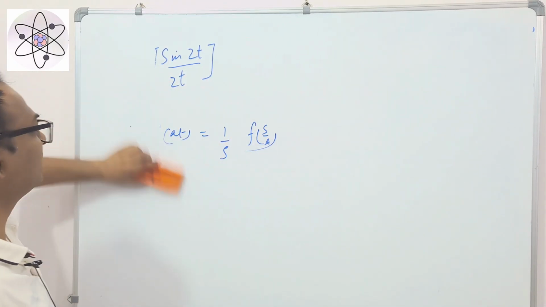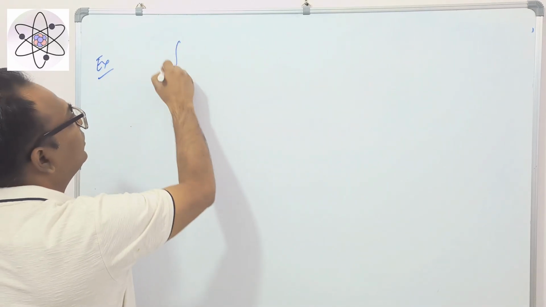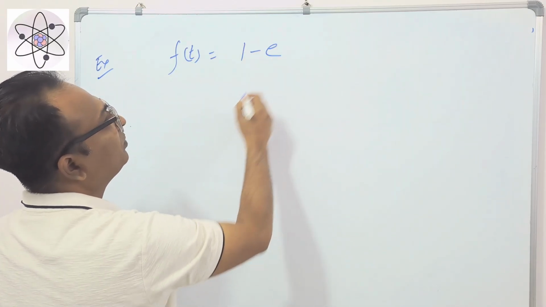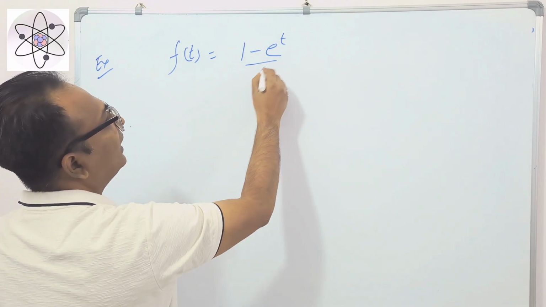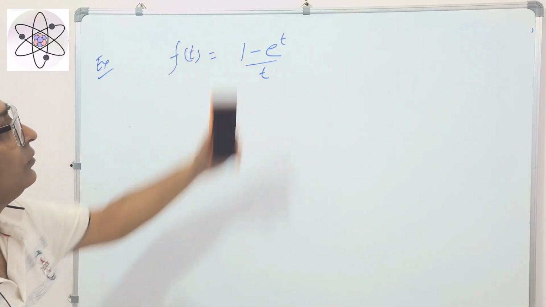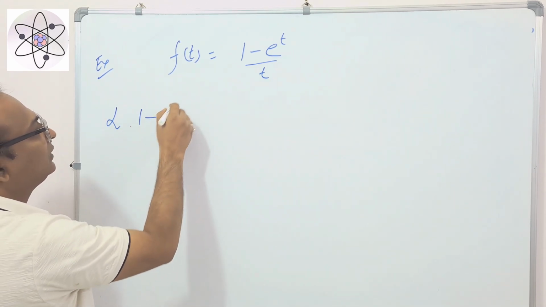Let's see some difficult question. So let's see, our function is 1 minus e to the power t by t. What is the Laplace transform of 1 minus e to the power t?